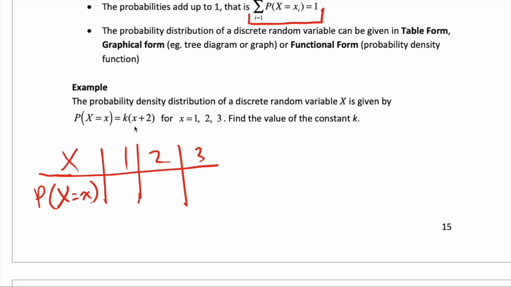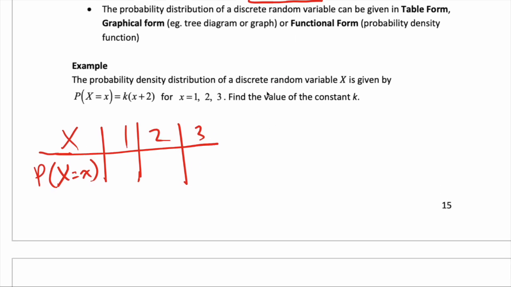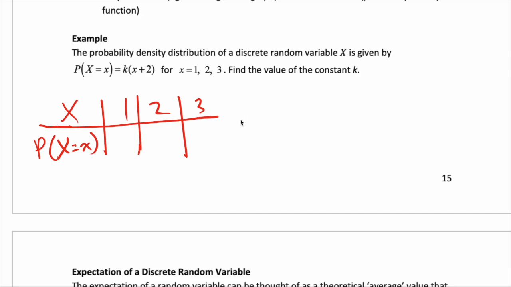We're going to solve for the value of k. I guess we go back to this thing here. The sum has to be equal to 1. So k times x, when x is 1, is actually 3k. If x is 2, we have 4k. If x is 3, we have 5k.